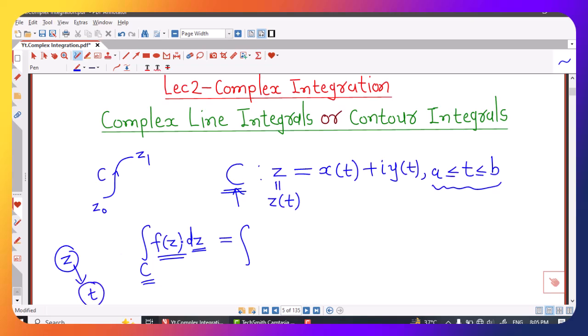So we will convert everything in terms of only one variable t.